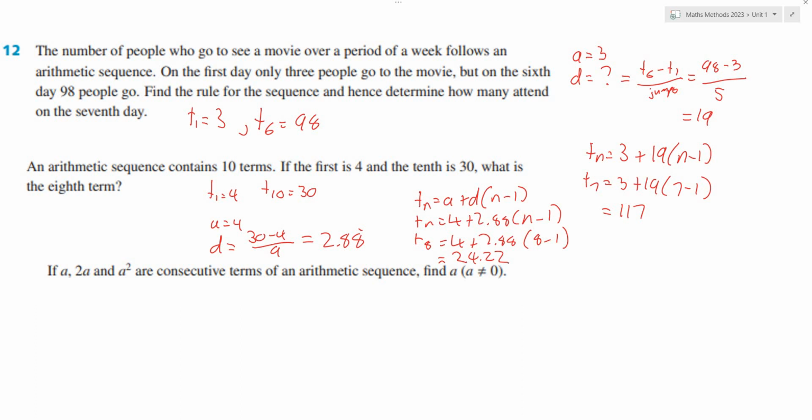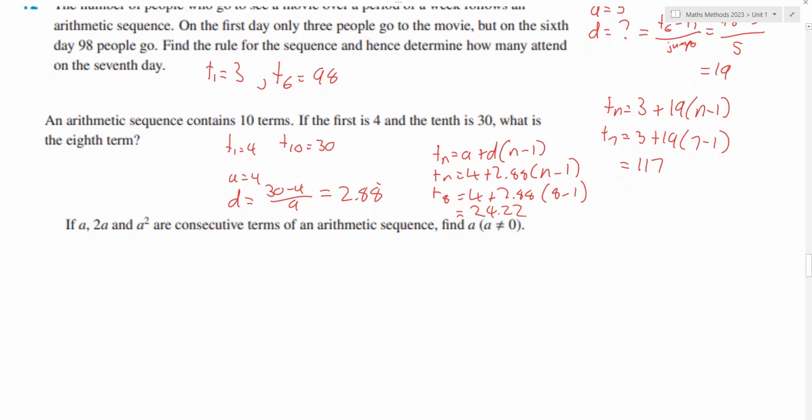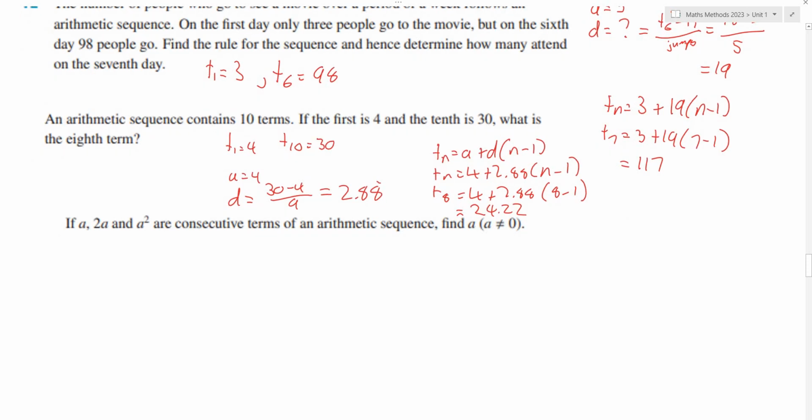Okay. This one is very tricky. If I gave this to you on this exam, this would be the last question of the exam, complex unfamiliar. Do you agree, guys, that my terms are A, 2A, and then A squared?